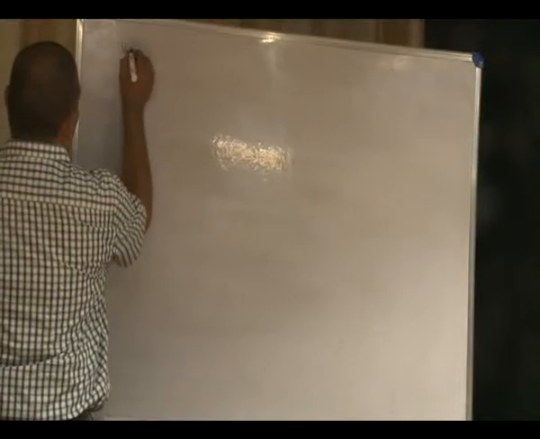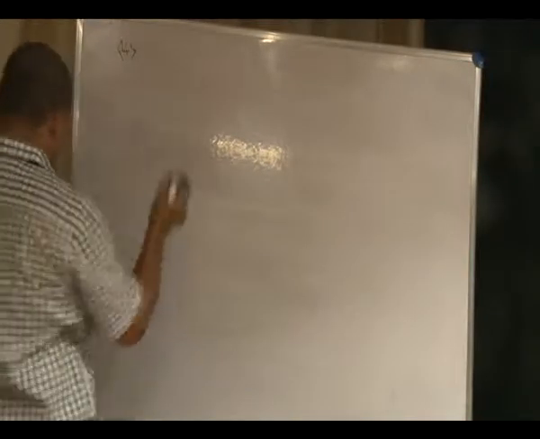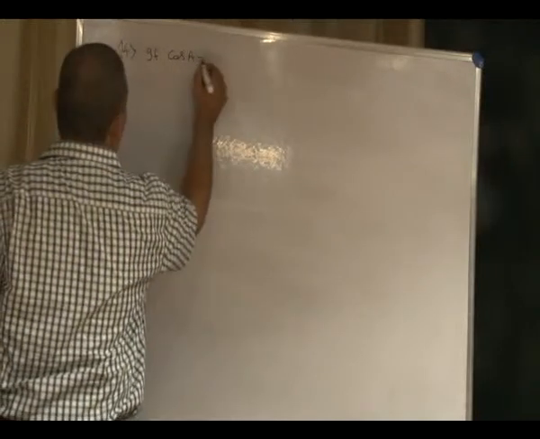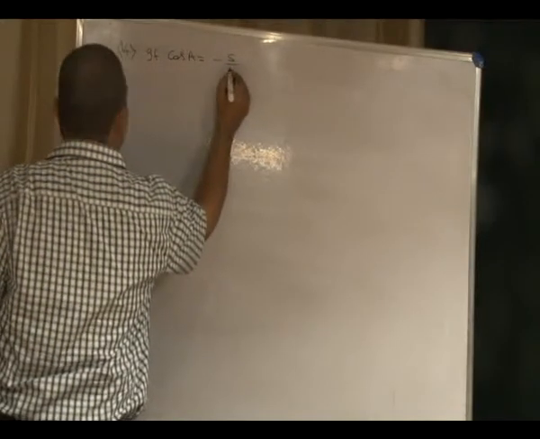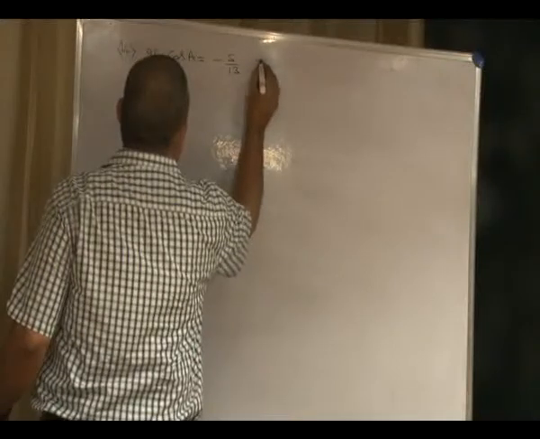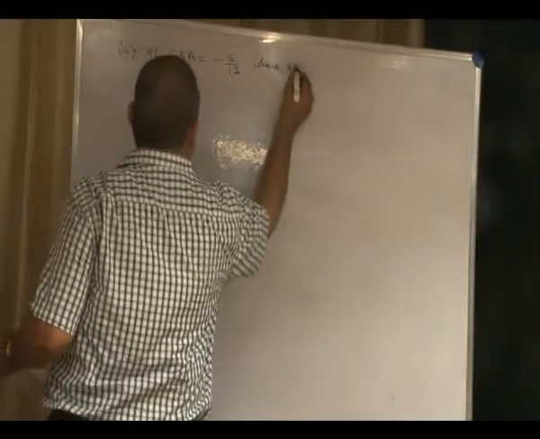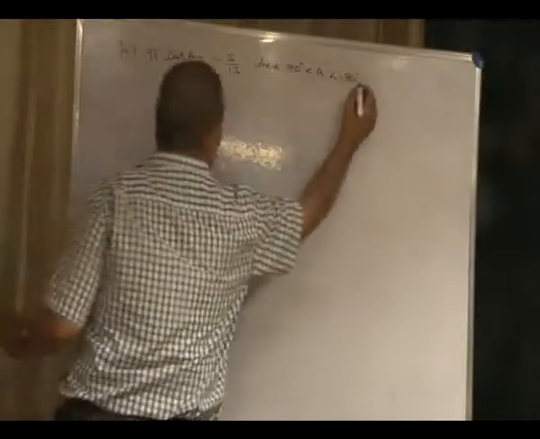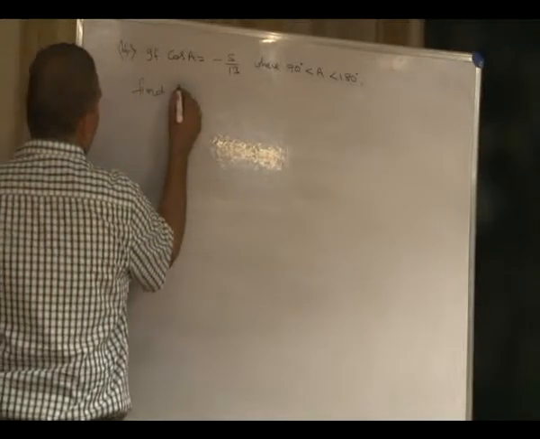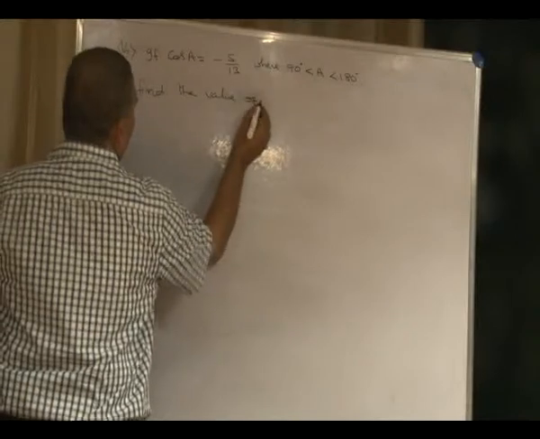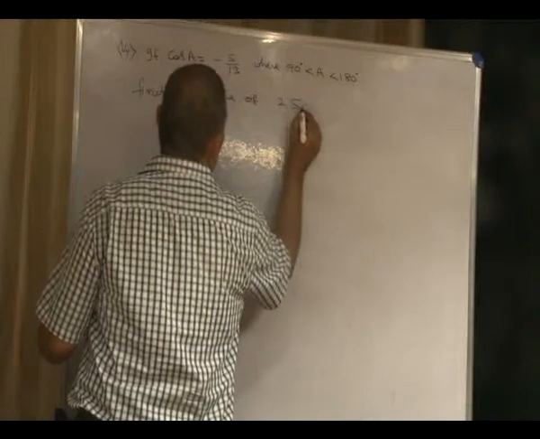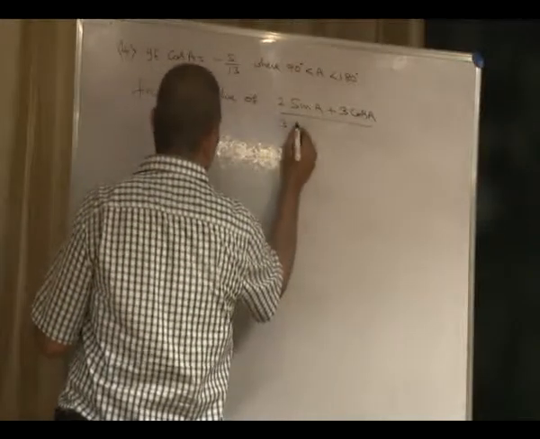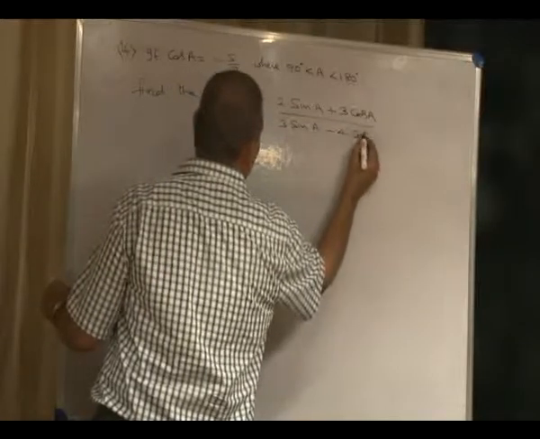Next problem. If cos A equals minus 5 by 13, where 90 degrees is less than A less than 180 degrees, find the value of (2 sin A plus 3 cos A) by (3 sin A minus 4 cos A).